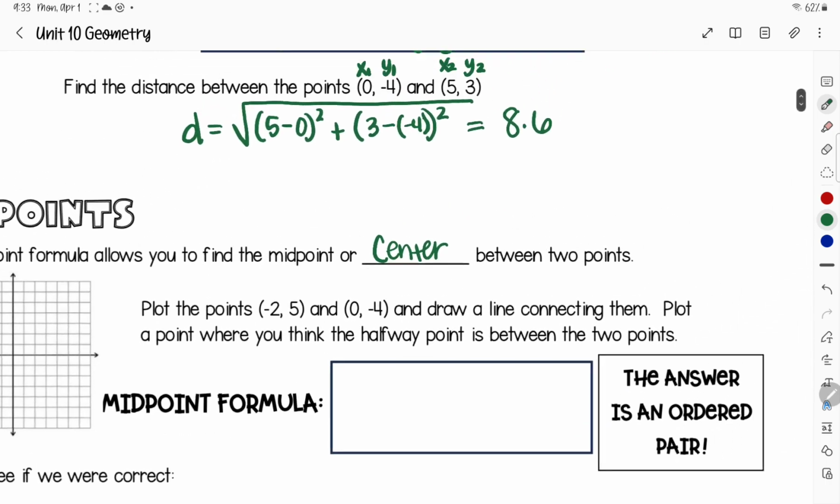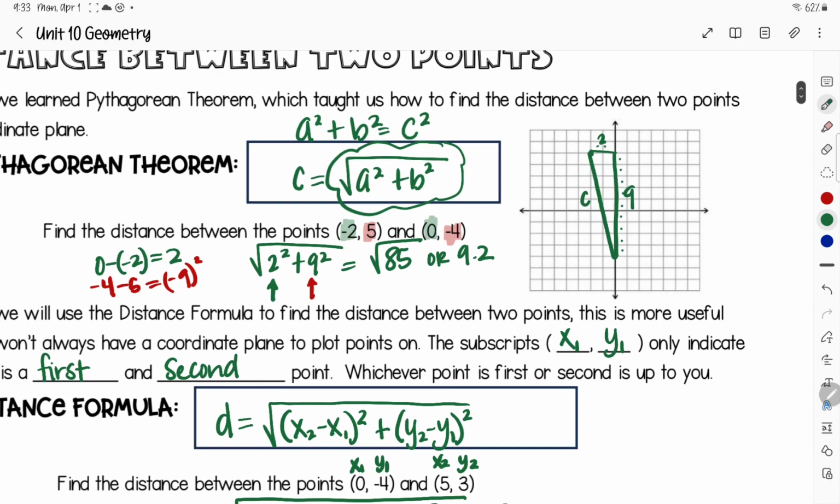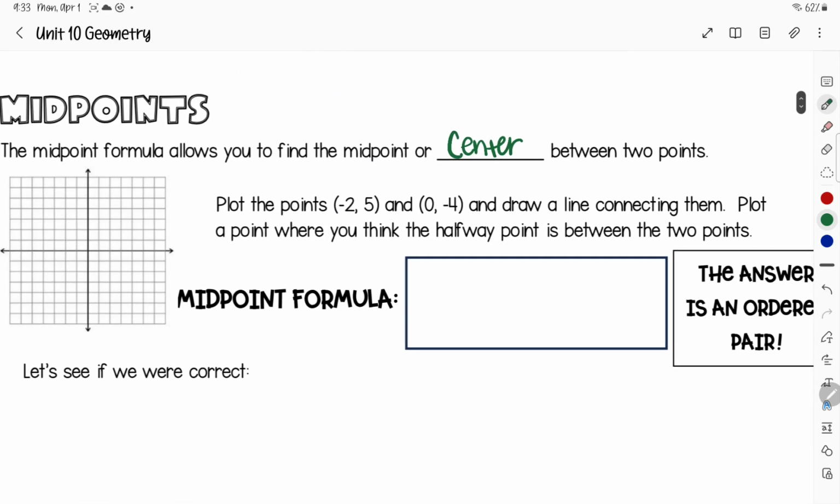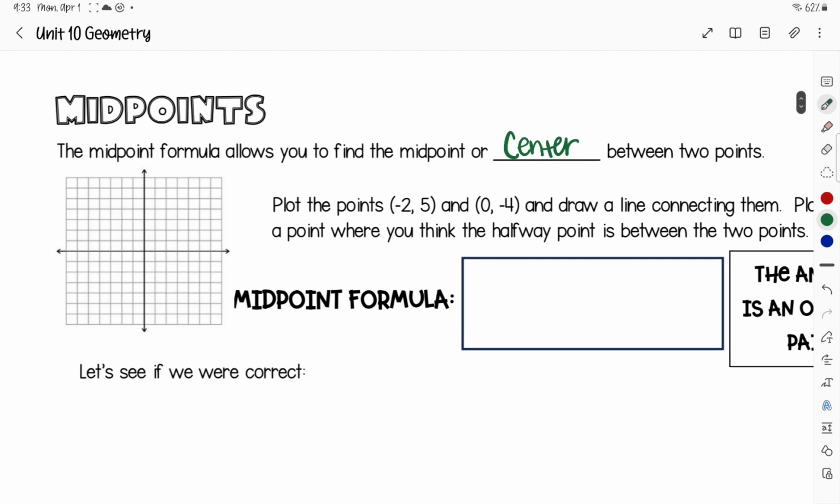Okay, so basically we want to, for example, find the center between this point here and this point here. We could guess, but we can't get accurate without doing the midpoint formula. So we're going to plot the points negative 2, 5, and 0, negative 4, and draw a line connecting them. This is the same one we just did up there.